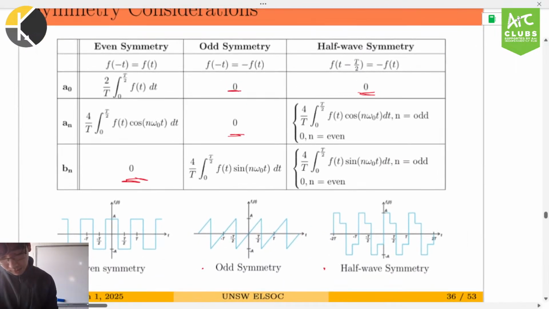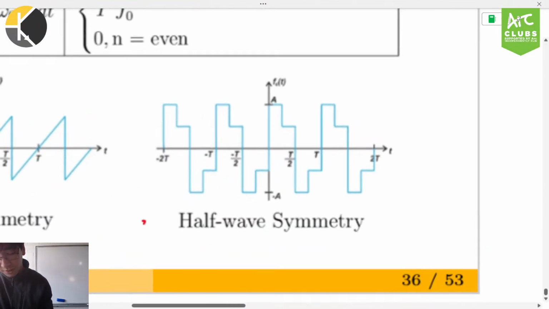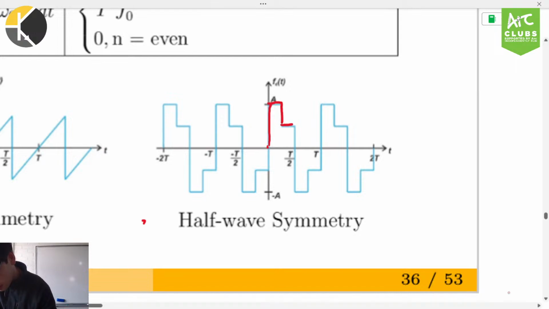I won't go through each of these, but we will be applying it in the examples. Just to explain what half-wave symmetry means, we're basically taking this top signal and it's simply a mirror reflection about the x-axis or the t-axis.